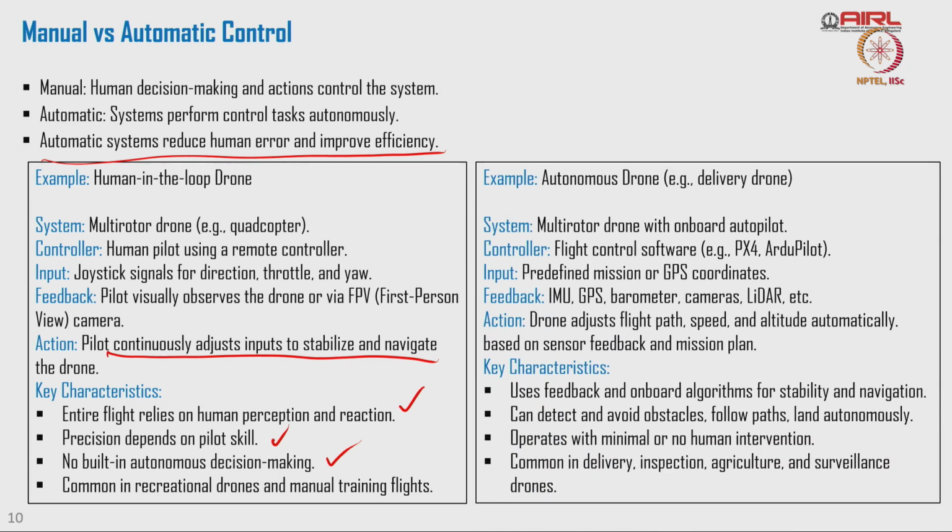However, when it comes to autonomous drones, we see that the multi-rotor drone has one onboard autopilot, which takes the role of the pilot. The controller will be there in the autopilot, like flight control software will be uploaded in the autopilot. This autopilot will be functioning in a desired way when there is some input like a predefined mission or GPS coordinates where the drone is desired to go, then the onboard autopilot can work independently without any human intervention, and it can take the drone to that particular location.